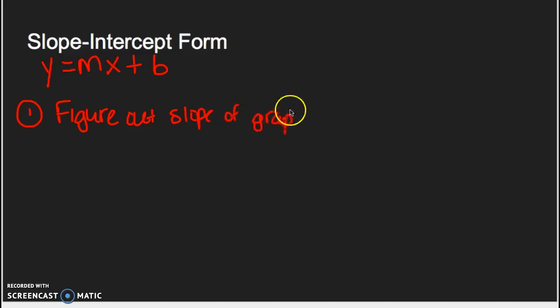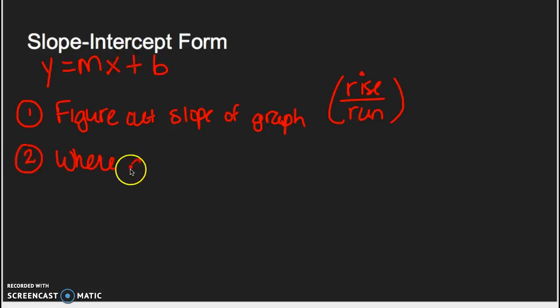And remember, we do that by picking 2 points. Figure out how many do you rise and how many do you run. Rise over run. Okay, and also if you go down, remember it's going to make it negative. If you go left, it's going to make that number negative. So be careful of those. Okay, and 2, you're going to ask yourself, where does it cross the y-axis?